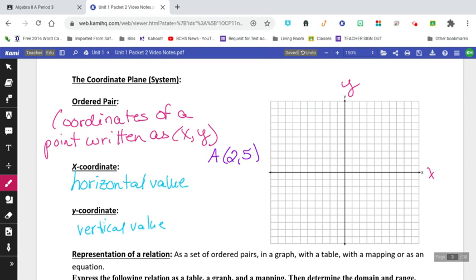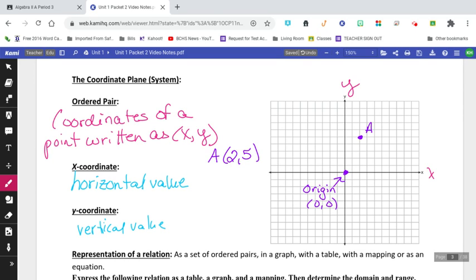So on my coordinate plane, first of all, we always start here. This point right here is the origin, and it has coordinates (0, 0). So from the origin, we would go 2 to the right and then 5 up.